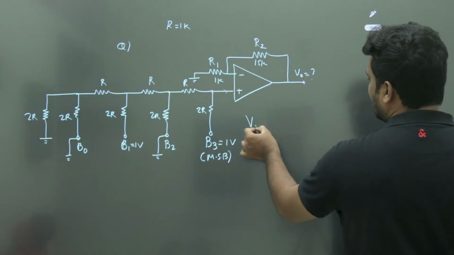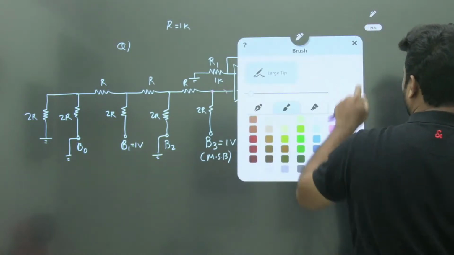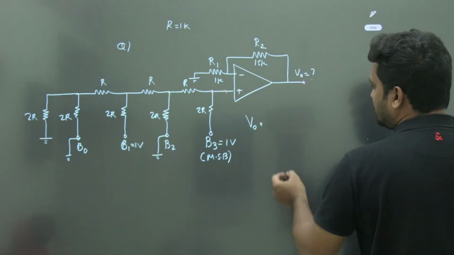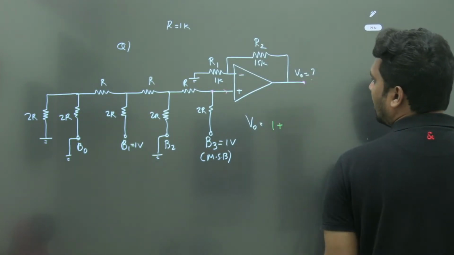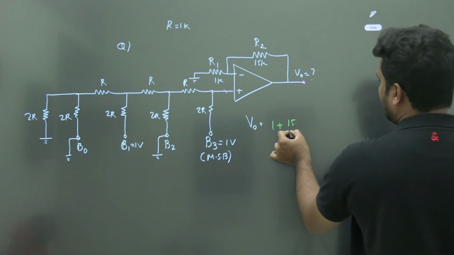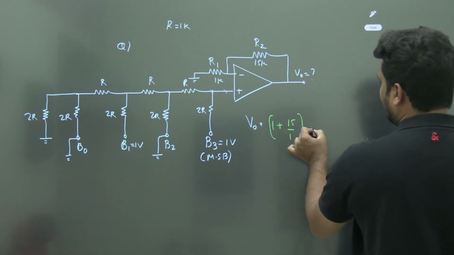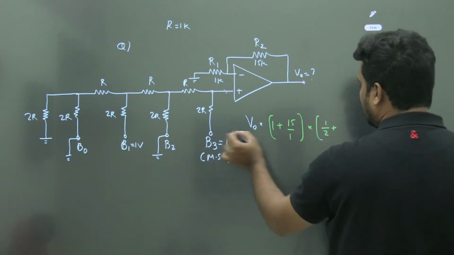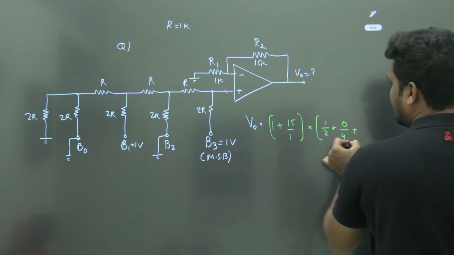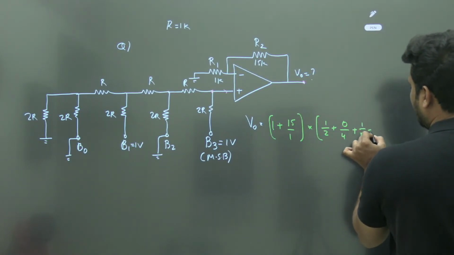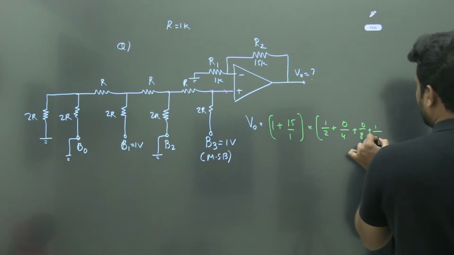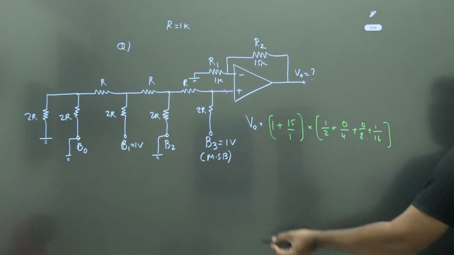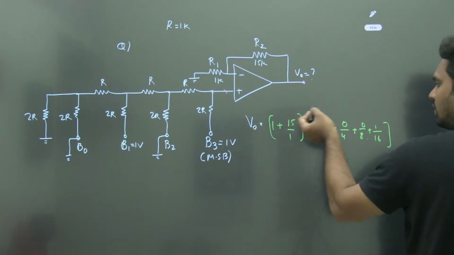V naught is equal to simple 1 plus R2 by R1, 15 by 1 into whatever you apply that by 2, whatever you apply that by 4, the next input by 8, the next input by 16. It can be 1 volt, 5 volt, whatever you have, apply that. If it is 10 volt, keep 10 volt, minus 5, keep minus 5.